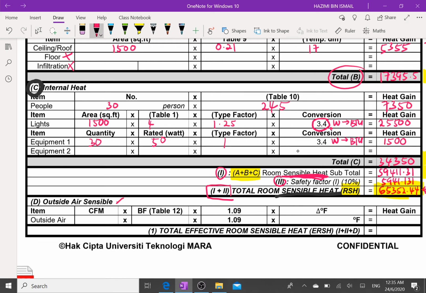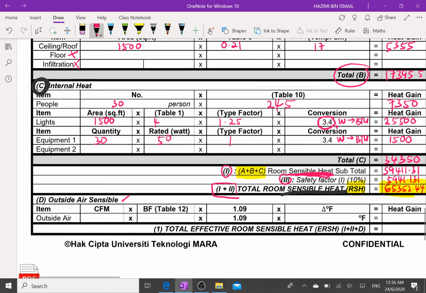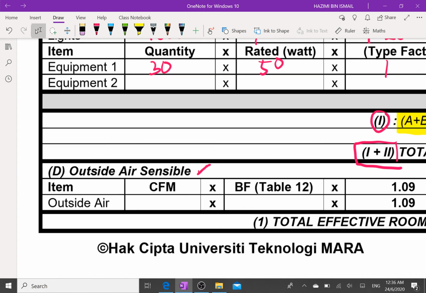Because we assume the air conditioner in the building will be a centralized or package unit that will use the outside air and cool it to get the targeted condition, we have to consider the air from the surroundings that will be sucked into the area by using AHU, air handling unit. So let's calculate the D section.